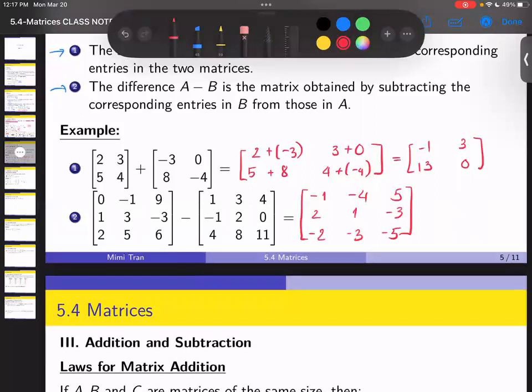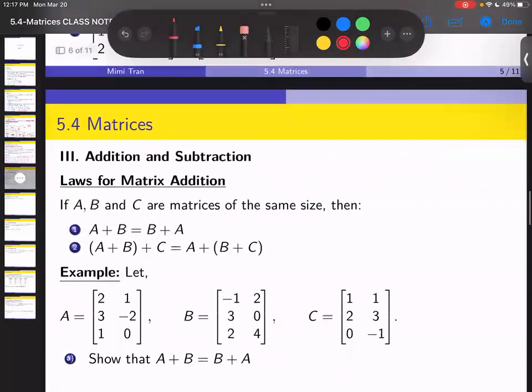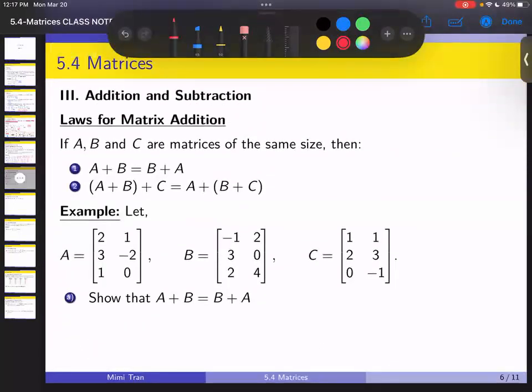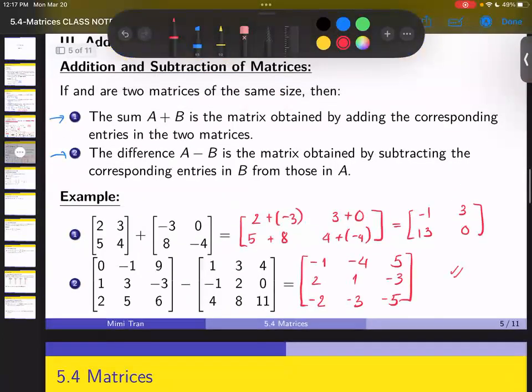Good. Very good. Thank you, Mike. All right. So we're just adding two matrices.